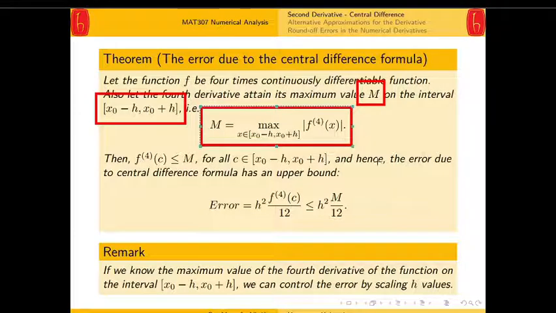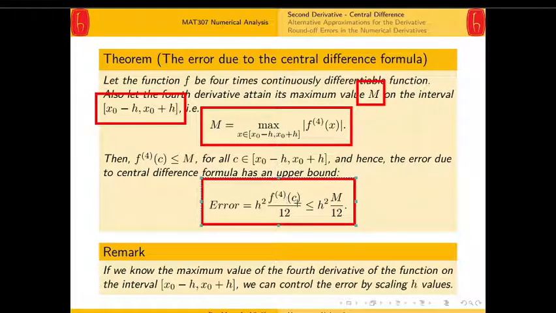So the error, h squared times the fourth derivative of f at some c divided by 12, is bounded by M. So we see the error has to be bounded by h squared times M divided by 12. This is an upper bound for the error with the central difference formula.